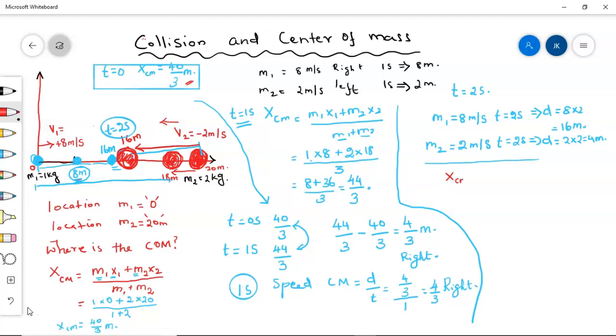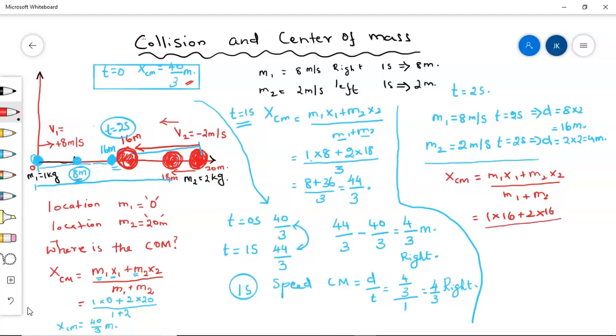So it is the center of mass formula: m1 x1 plus m2 x2, divided by m1 plus m2. The mass of the first object and its location is now 16 from the origin. And the mass of the second object, its location from the origin is 16 because they collide with each other. So the location is the same.